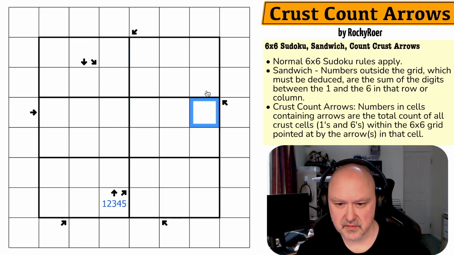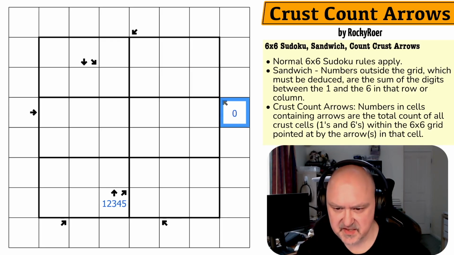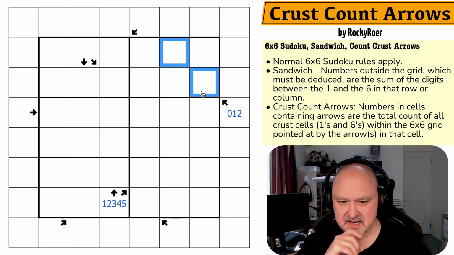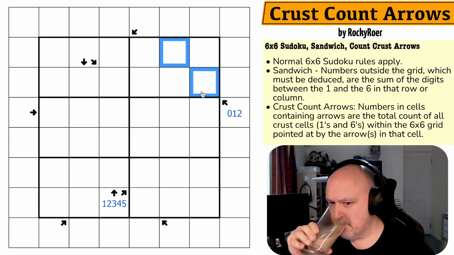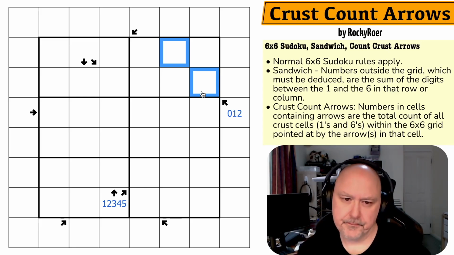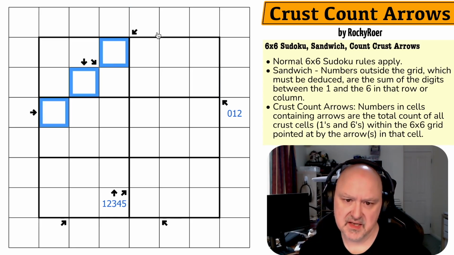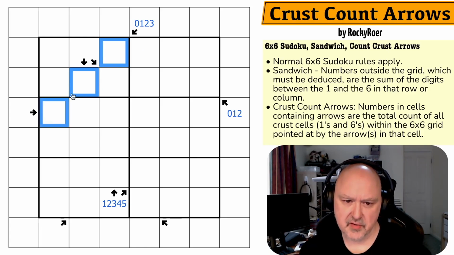Okay, let's look somewhere else. This, for example, is 0, 1, or 2 because I don't need to have a crust cell in there, and the sandwich on that row could be 0. This one is 0, 1, 2, or 3 because I could have 0 of those as crust, 1 of those as crust, 2 of them, or all 3.